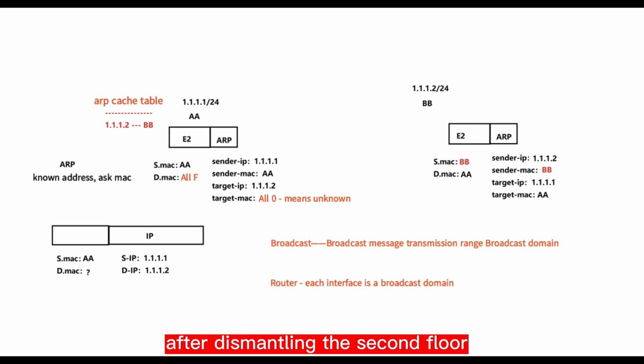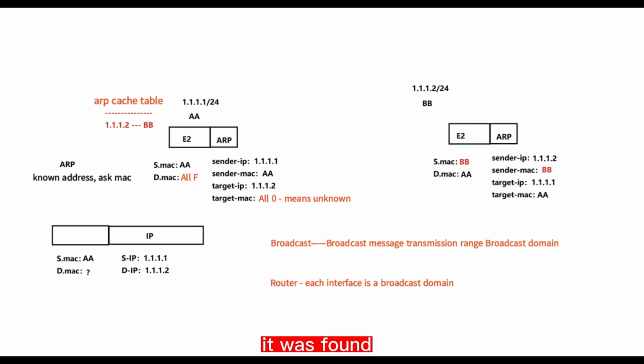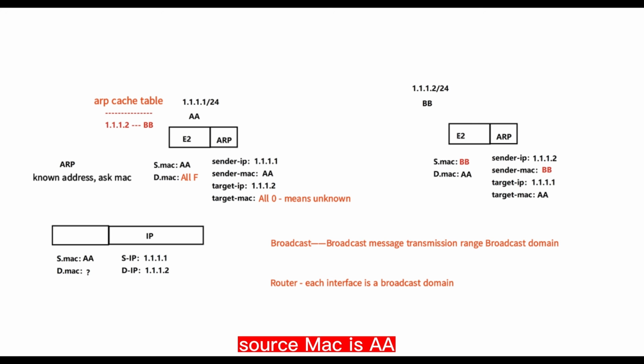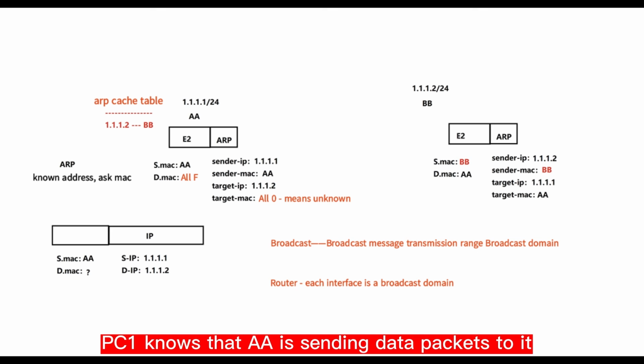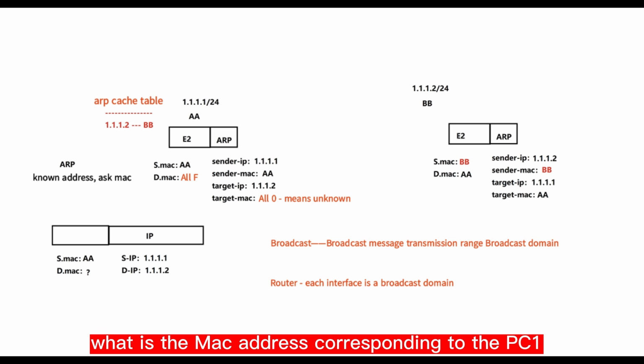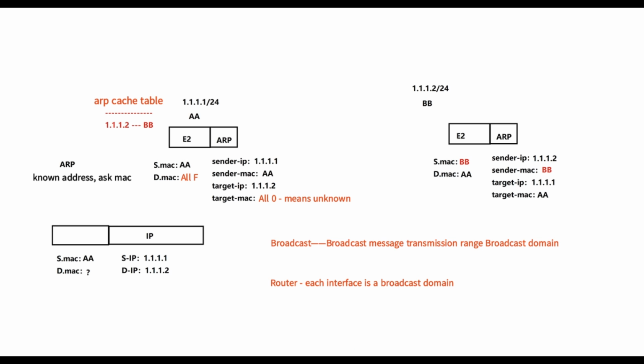After dismantling the second layer, it finds the destination is all F, so the message will be processed. The source MAC is AA. PC2 knows that AA is sending a data packet to it. The packet sent by AA asks: what is the MAC address corresponding to this IP address? Then PC2 will reply to it.